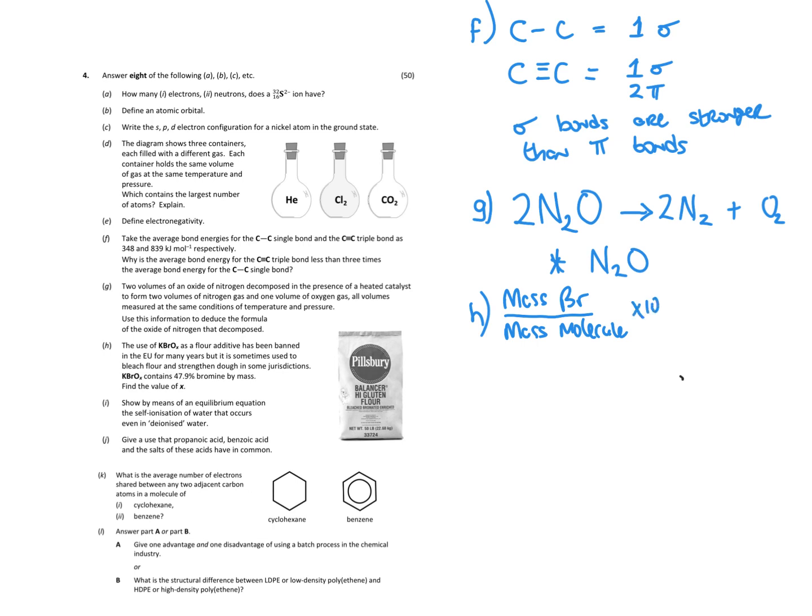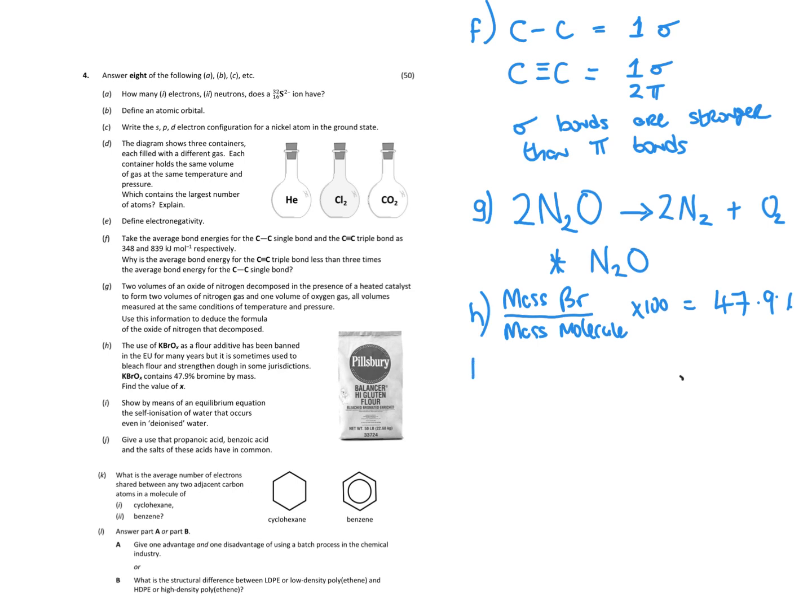That would give us the percentage. So we know here that the mass of bromine is its atomic mass, and we need to find the mass of the molecule. So let's just look at that quickly.